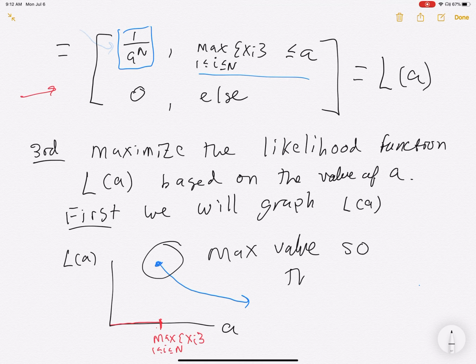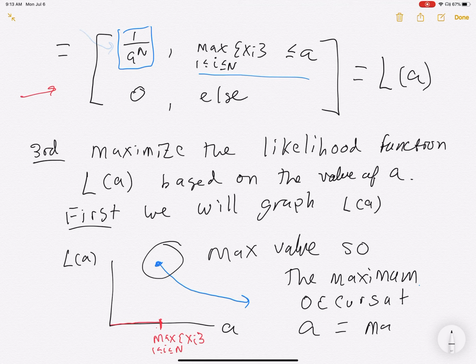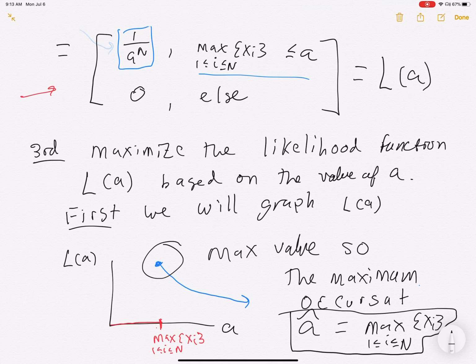So the maximum occurs at a equals the max of the x sub i. And that is our estimator.